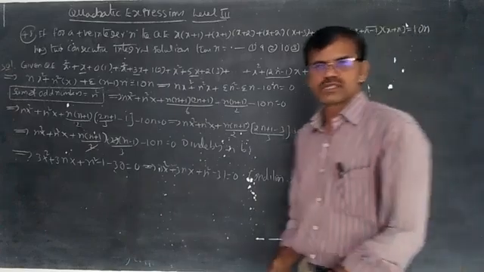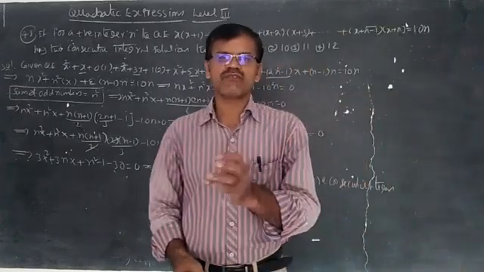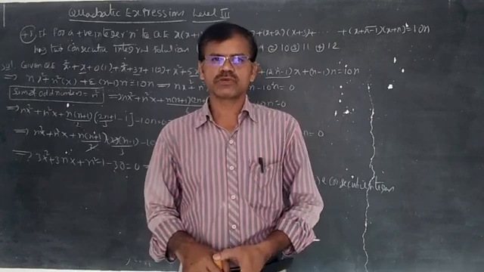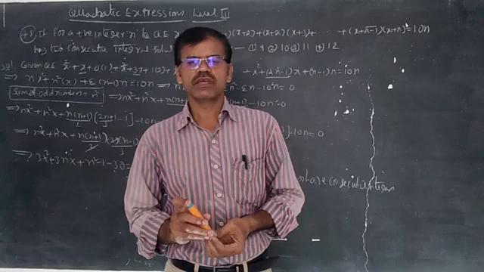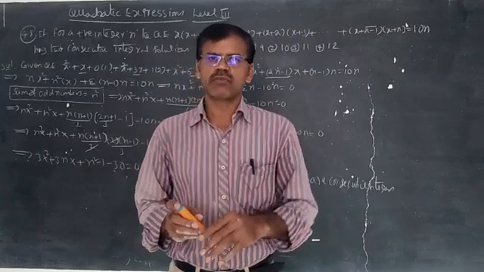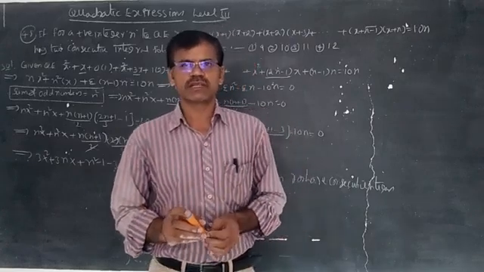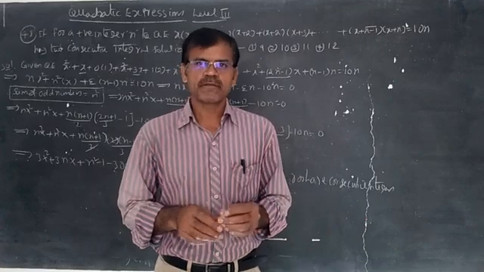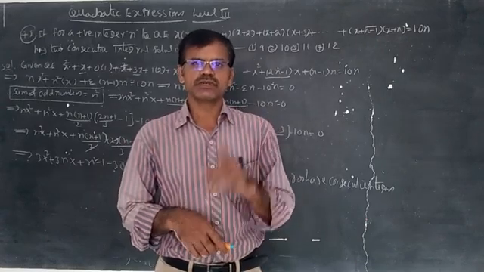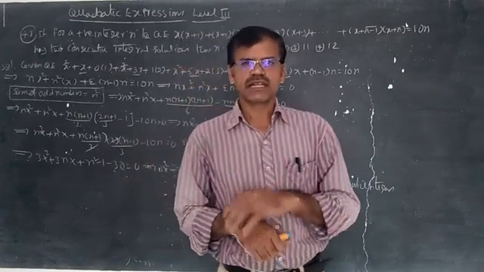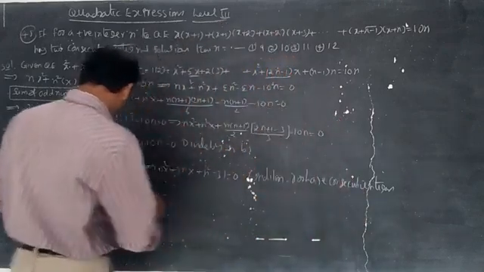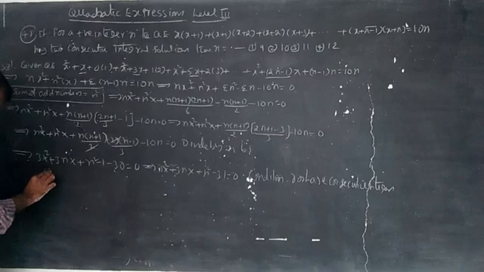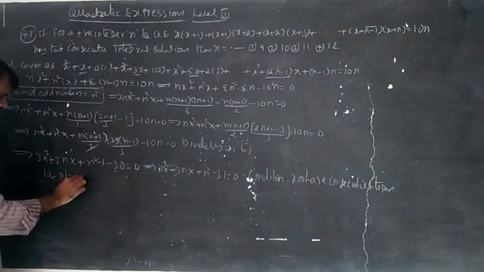Whenever roots are consecutive integers, we can take alpha, alpha plus 1 as roots, like 2, 3; 3, 4; 1, 2; 5, 6. The difference between the two roots is 1, so modulus of alpha minus beta is 1.